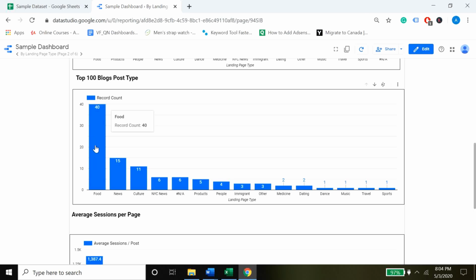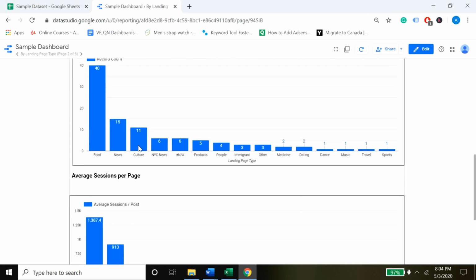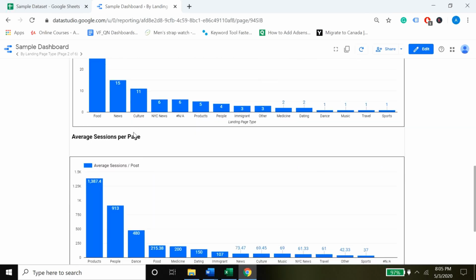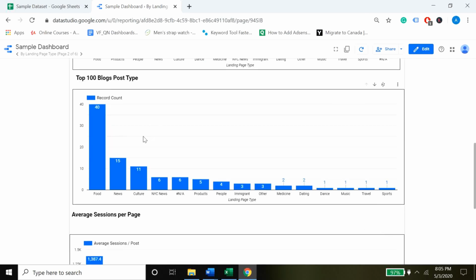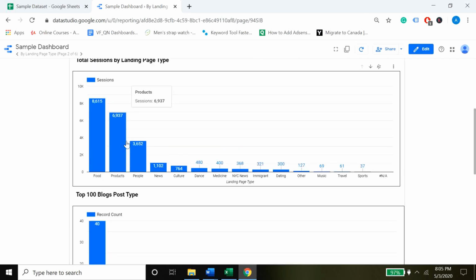So clearly in this, 40 record counts were coming in from food or food based products or landing pages. And this specific one is telling us what was their average sessions per page.